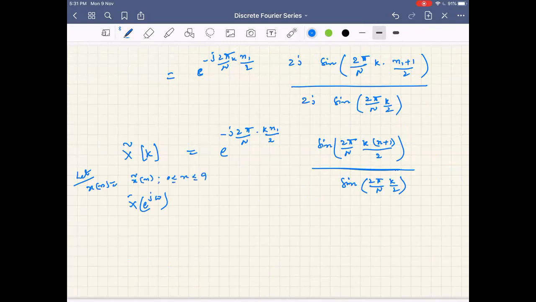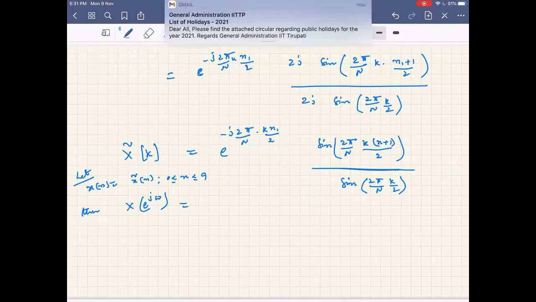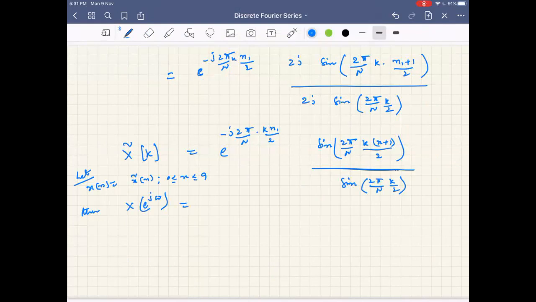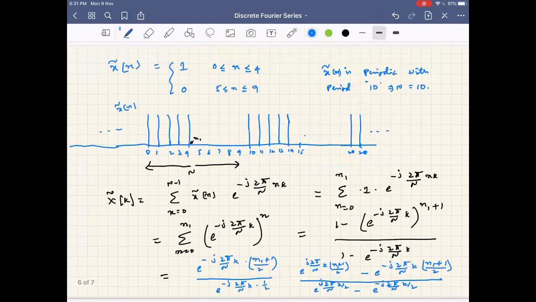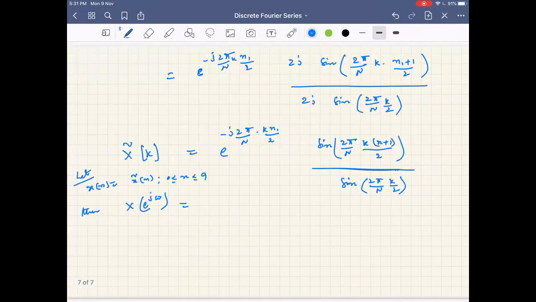Then if you wish to write X of e power j omega, it will be equal to e power, I am directly writing here, 2 pi by N. Here N is the length of the signal, N equal to 10.